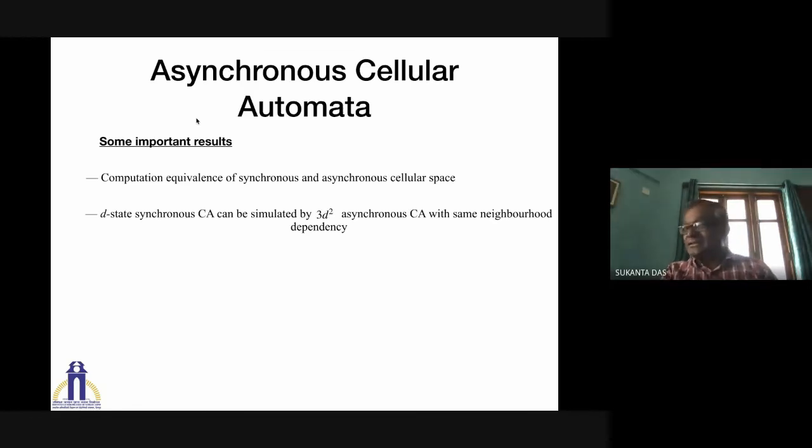So in that sense, you can now argue that synchronous CA is better. At least this result is showing that. State complexity is increasing here. If you want to do the same task, then you need 3D-square states. The proofs are very simple. If you're interested, you can go through the proof. So this is, in some sense, the cost of independence.